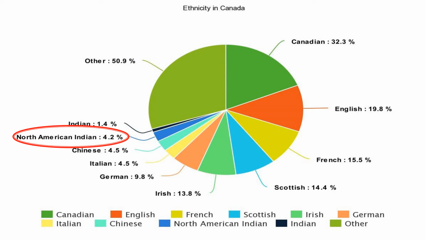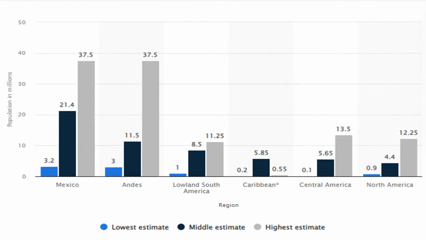No census exists on how many people lived in America before the arrival of Europeans, but contemporary estimates range from 2.1 million to 18 million people living on the North American continent prior to European colonization.